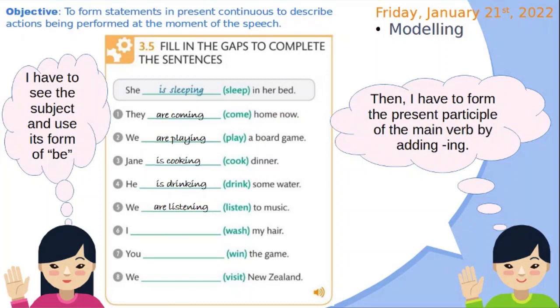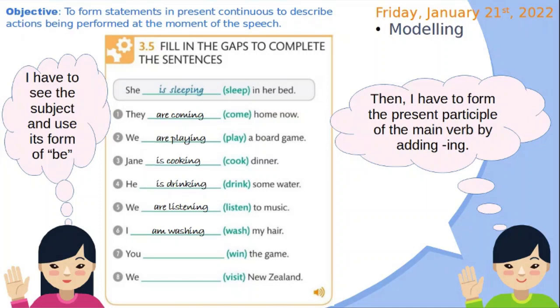Ese sí me acuerdo porque como me han dicho el I am washing my hair. Okay. La forma correcta del be para you. A ver, y recuerdo. I am, he is, she is, it is. Y todos los demás usan are. Entonces, you are. Win.